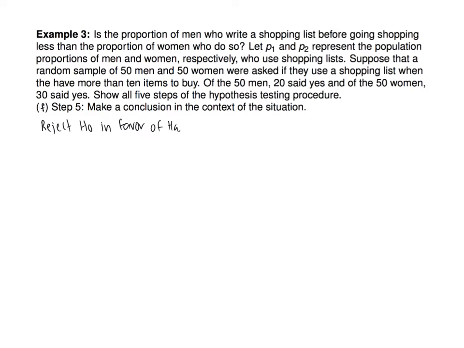And the conclusion we make in context is that men make lists less often than women. And we could be specific: we say when shopping for more than 10 items.